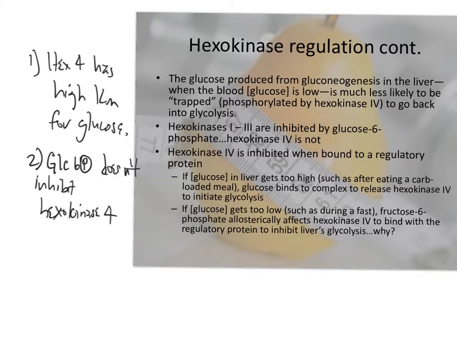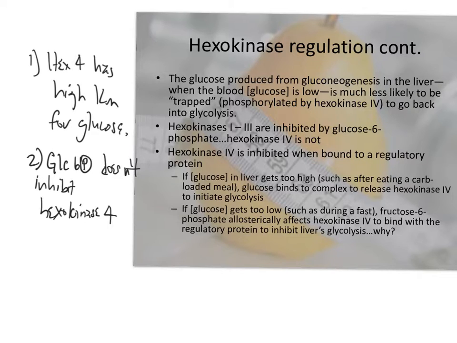Hexokinase 4 is inhibited when it has a regulatory protein. So what happens is if the hepatic glucose concentration gets too high, then the glucose binds to the complex and releases it to allow glycolysis. I think I included a picture of that.